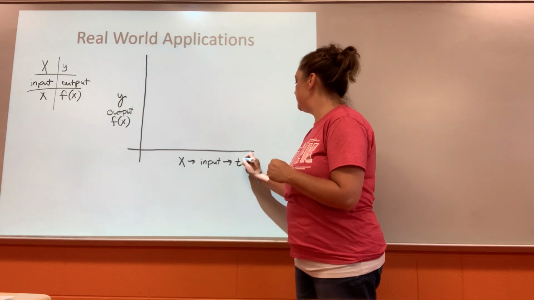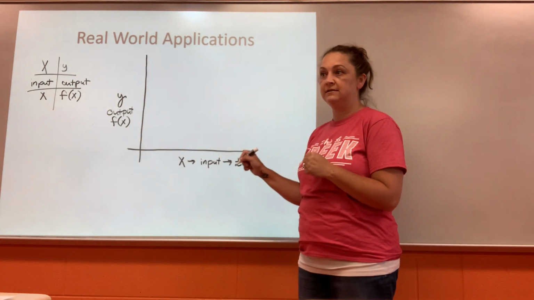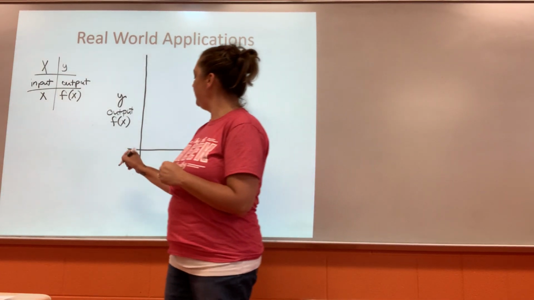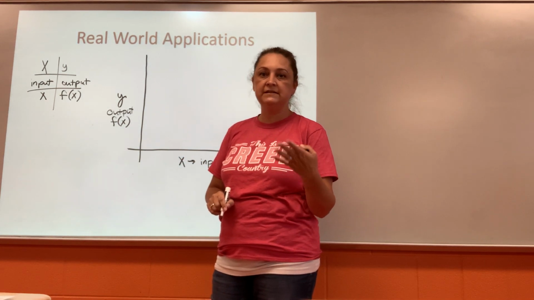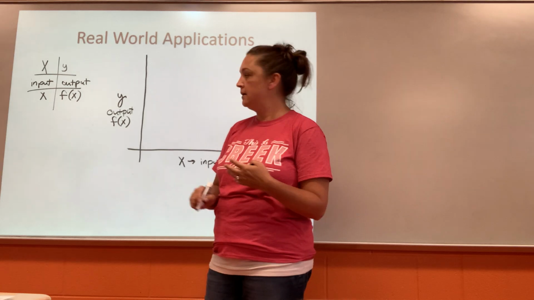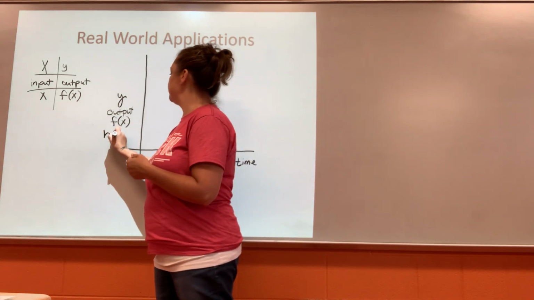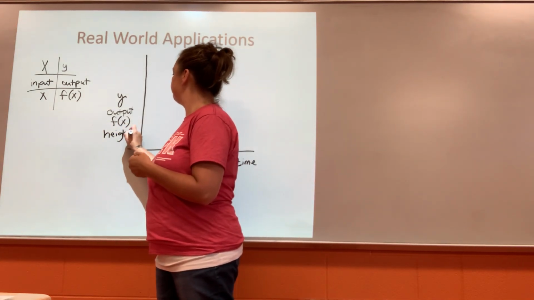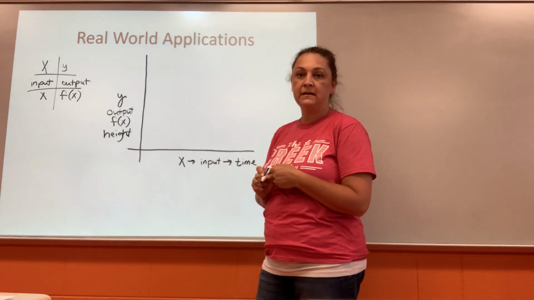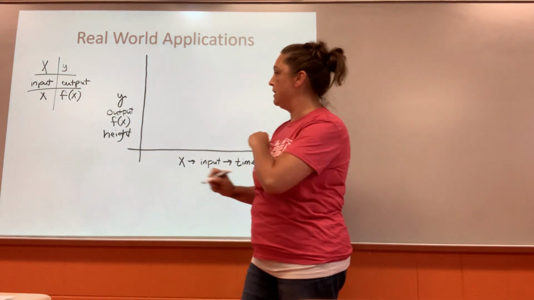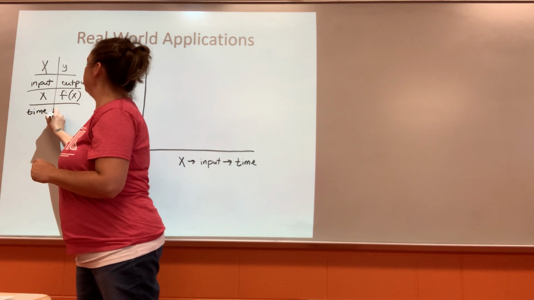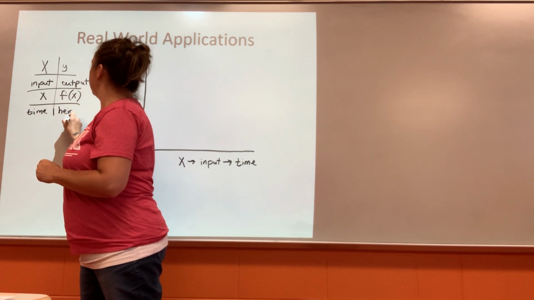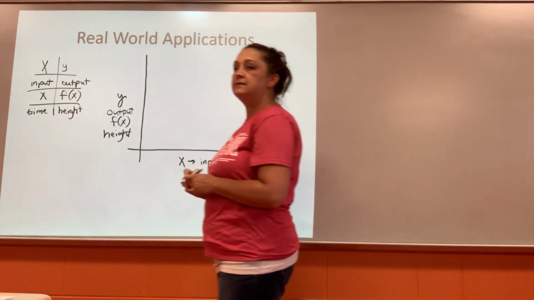And the output depends on what you're dealing with: distance, height. I'm going to use height for our example. So again, in your t-chart, time is the input and height is the output.